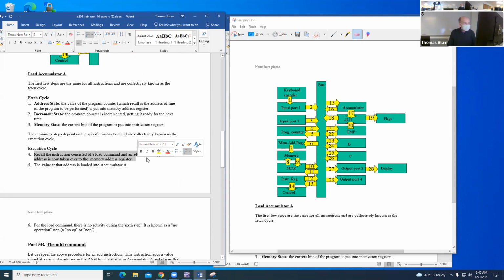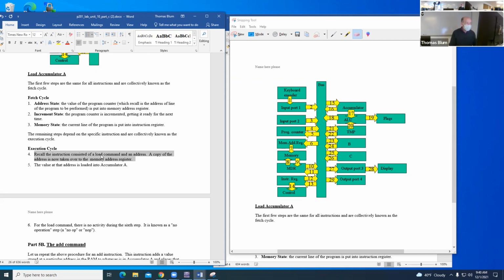So the instruction was a load, and there's what we call an opcode and an operand. There's something that says what to do, and then there's a little piece of data involved with it. And in this instruction, that piece of data is an address. So we're going to move the address to the memory address register.